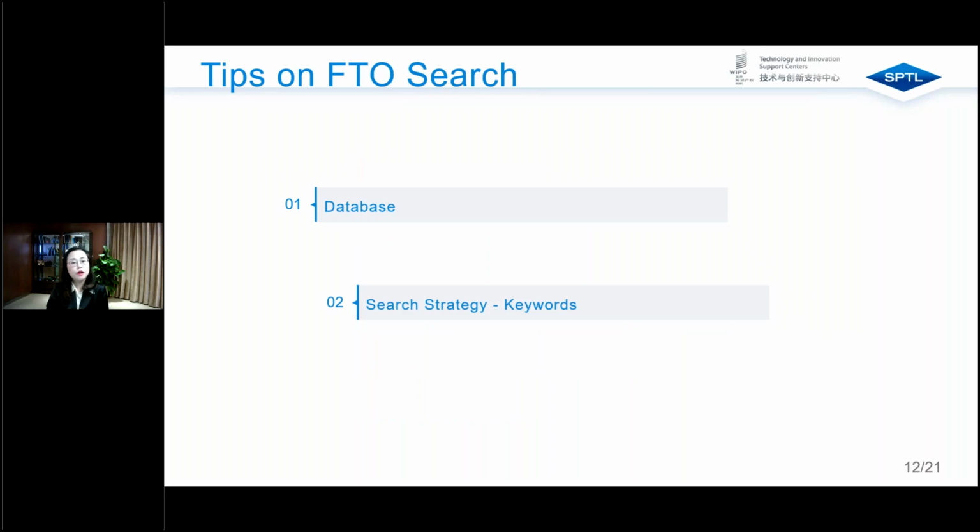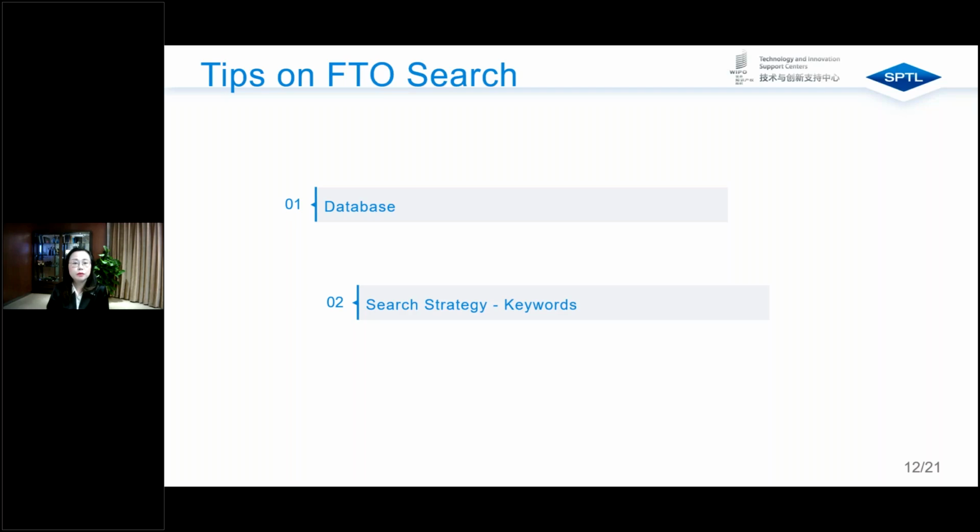As you already know from the previous part, the very important factor to get a qualified FTO report is to get a comprehensive FTO search. Based on the statistics of Zen IPR, till the end of June of 2021, there are 2.454 million valid patents, including invention, utility model, and design in China.